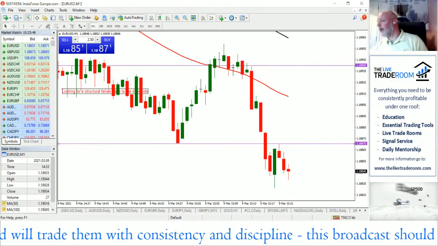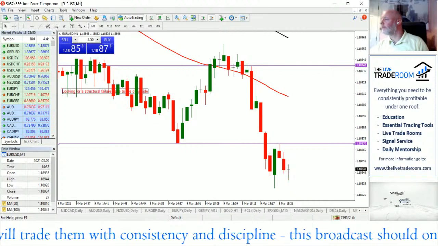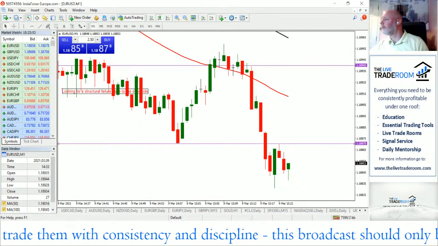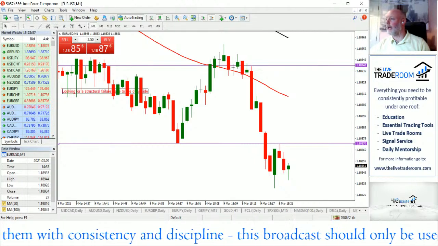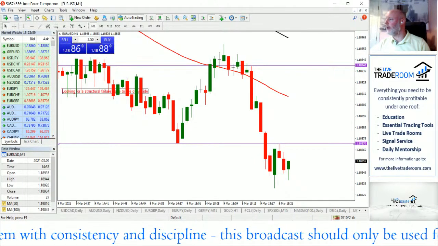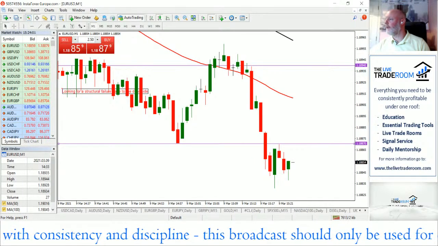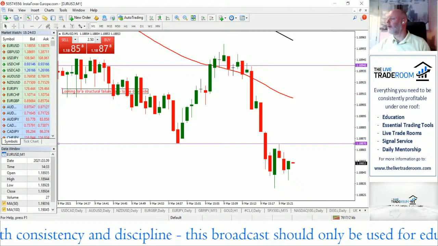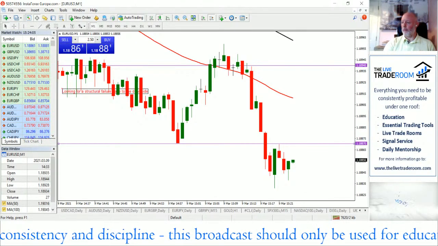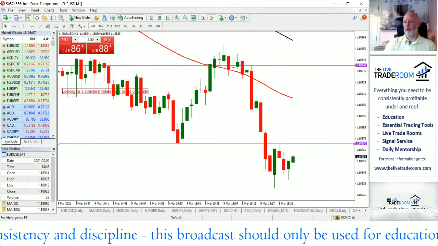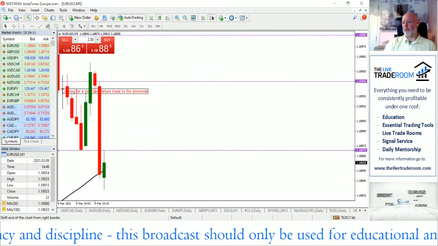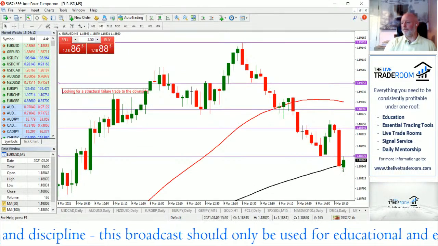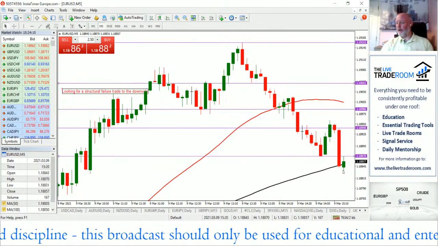I'm just looking at the equity markets. I'll bring it up on screen in just a second. So we just want to see this market close below these lows.